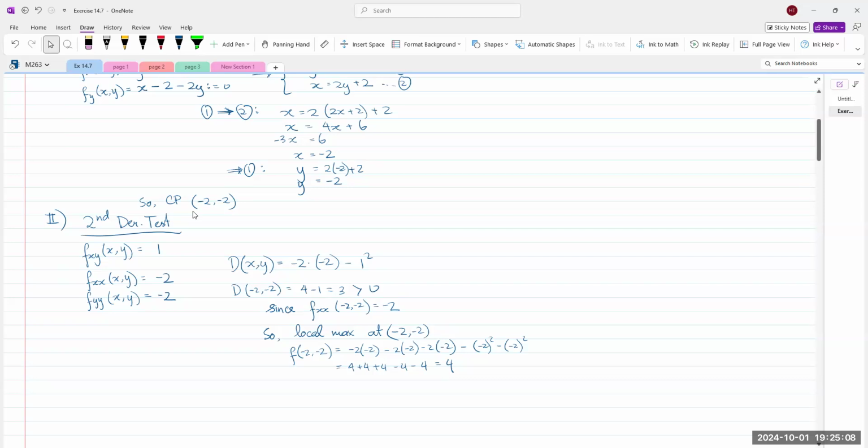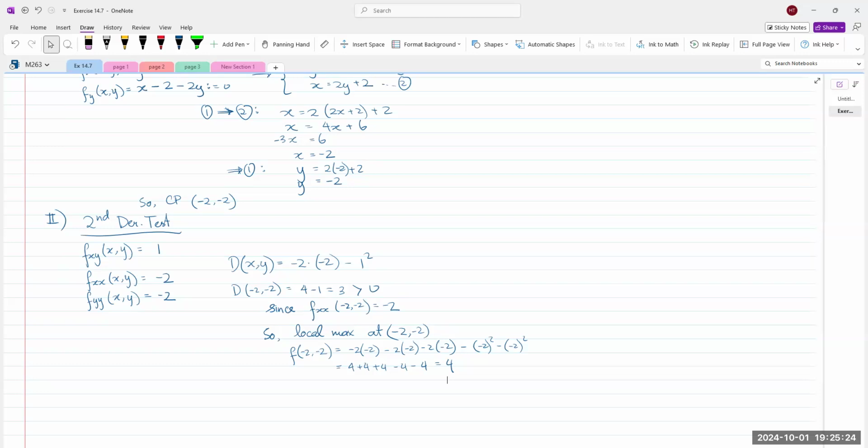Actually, at the same time, notice that the Hessian basically tells us that the graph is concave down all the way, right? Let's try to sketch this.